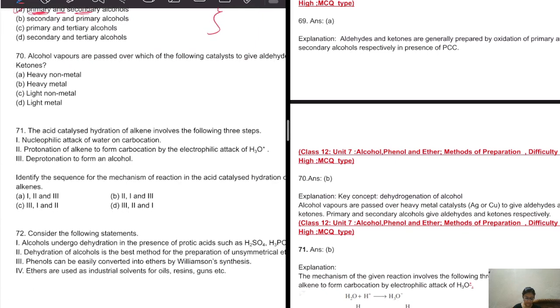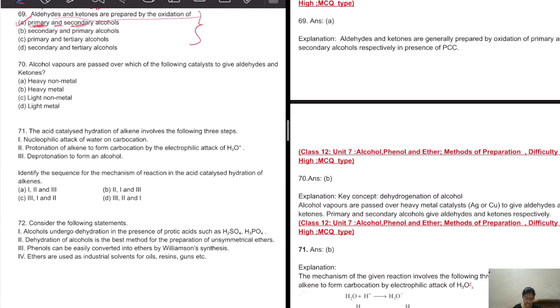Alcohol vapors are passed over which of the following catalysts to give aldehydes and ketones? What is the key concept here? That is the dehydrogenation. Okay. Dehydrogenation of alcohol. You might have seen in reactions we are using Cu or Ag for the dehydrogenation of alcohols.